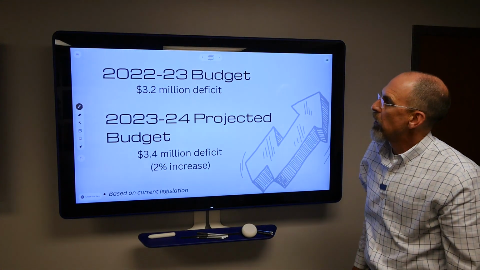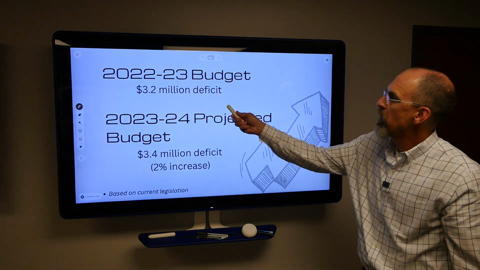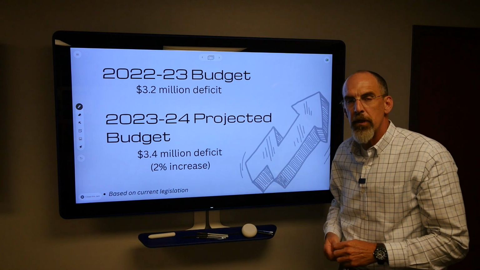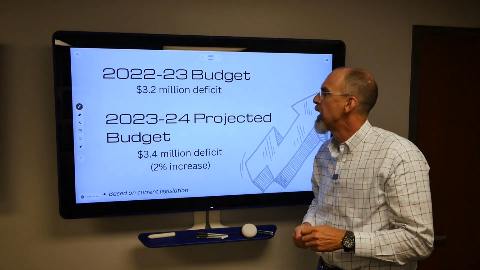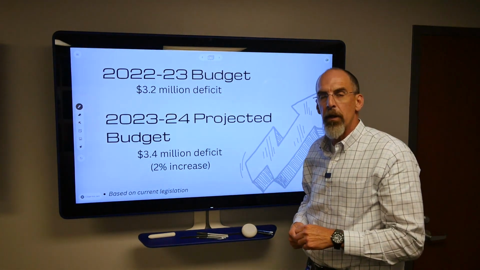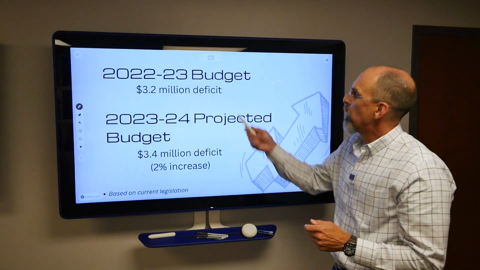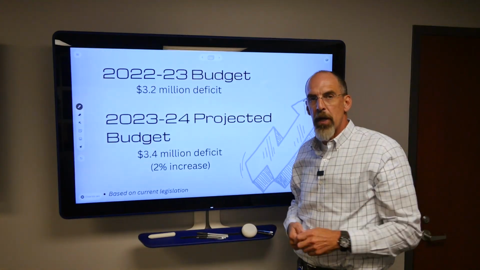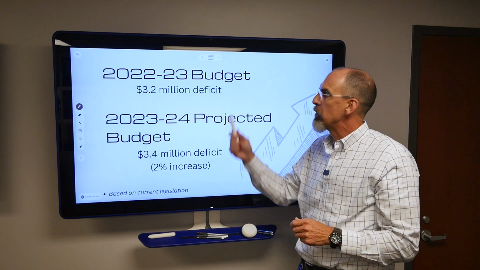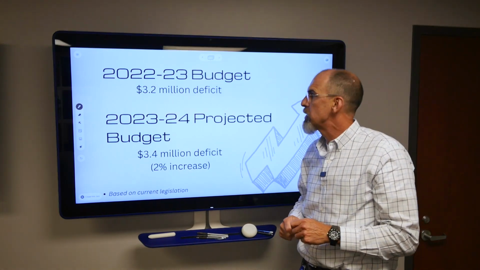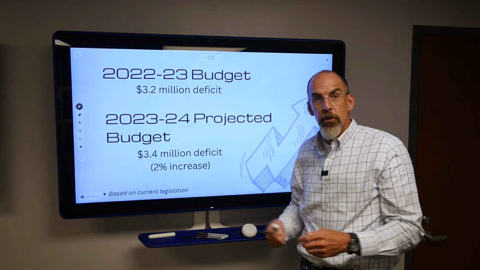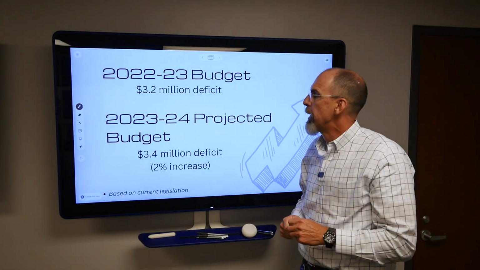So where are we? This year, we have a $3.2 million deficit budget that was passed by the Board of Trustees. That's if we spend 100% of our budget. The board took a bold move in moving forward with a 1% salary increase for our teachers, even though it was a deficit budget, to be able to see what the legislature would come forward with.